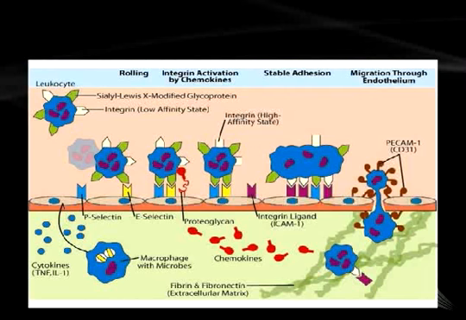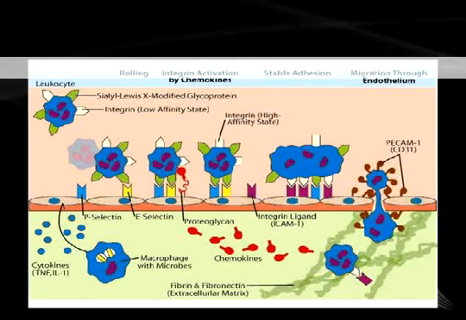So here's an example of how that whole process occurs. You start with increased expression of P-selectin and E-selectin caused by cytokines. The leukocyte then attaches and starts to roll. Then the expression of chemokines increases the adhesion molecule expression, and you get a high-affinity integrin interaction, which causes the cell to hold fast to the endothelium.